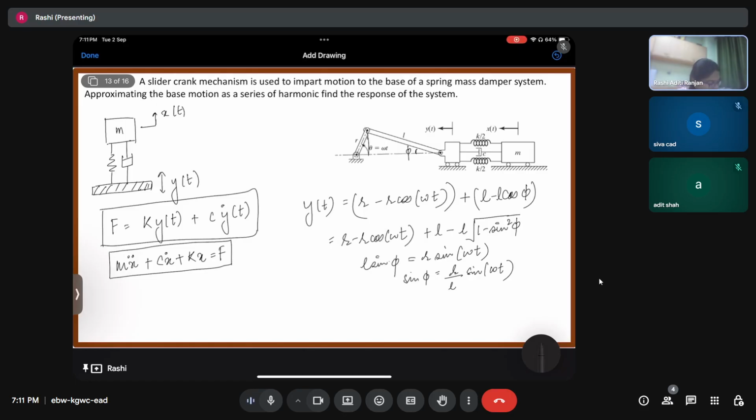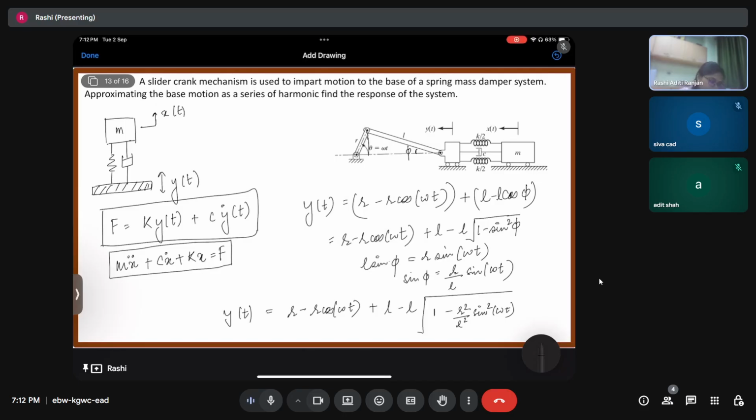So what are we going to get? y of t can be written as r minus r cos of omega t plus L minus L under root of 1 minus r square by L square sine square of omega t.